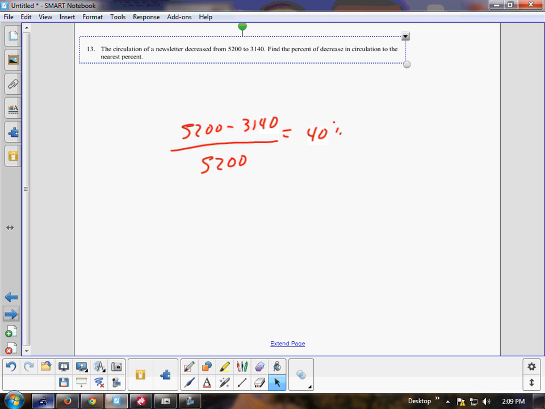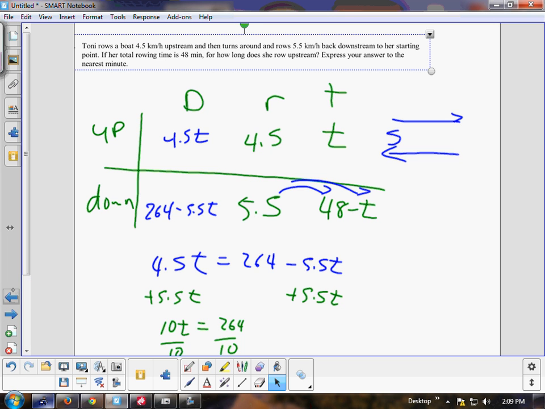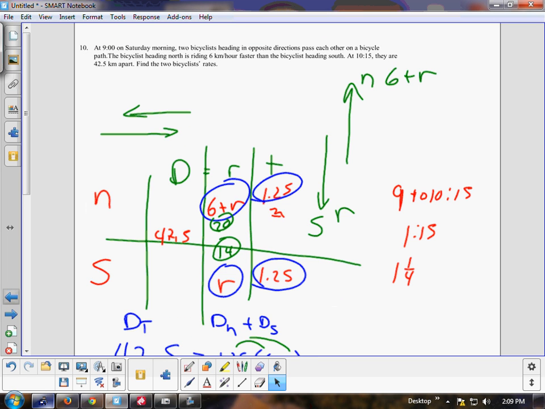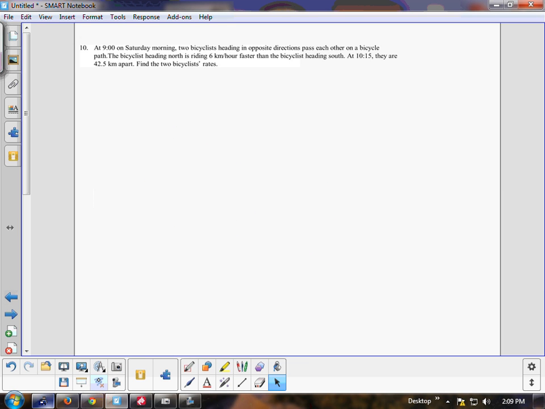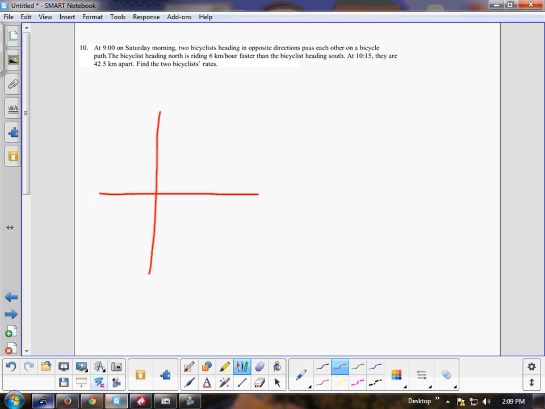Please watch the video. I think I'm going to do the messy one over again, which would be this one here. So I'm going to make a dirt table: distance equals rate times time.